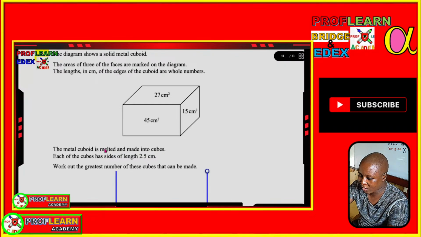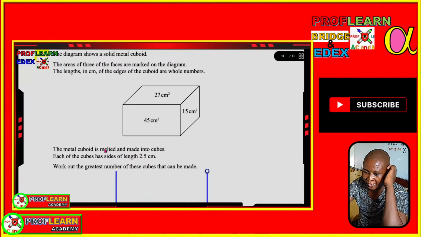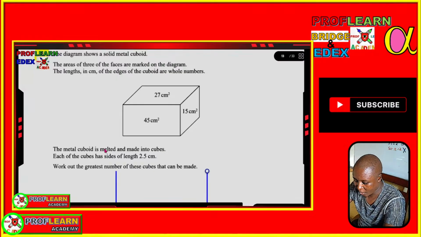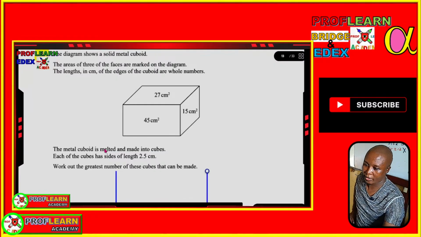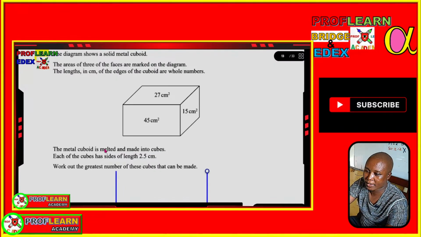The first thing we are going to do is figure out the dimensions of the cubes. We are told that the metal is made into cubes, and each cube has length 2.5.